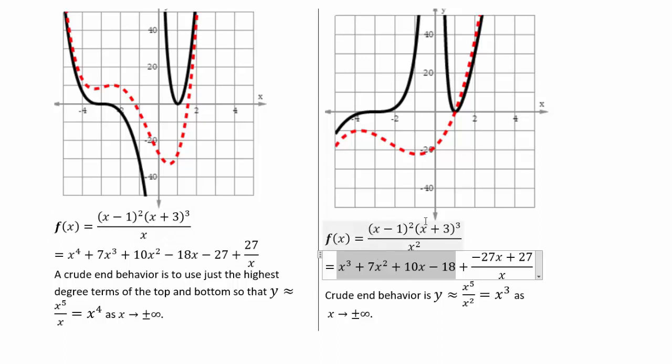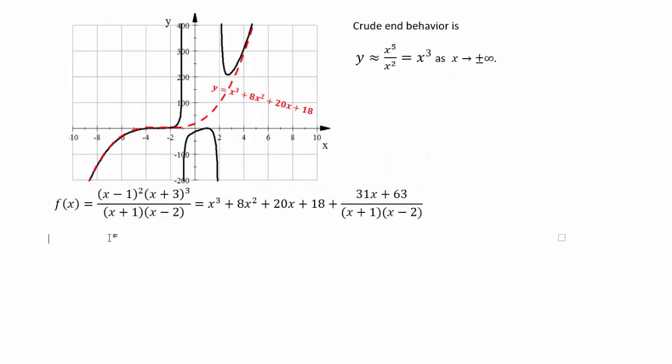What happens to the numerator polynomial compared to the denominator polynomial? If you look at this polynomial divided by x plus 1, x minus 2, and you do long division, you will end up with this as your quotient, which is this dotted graph that you see here. And again, you can see that that is your asymptotic curve.